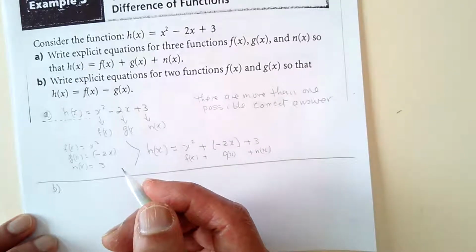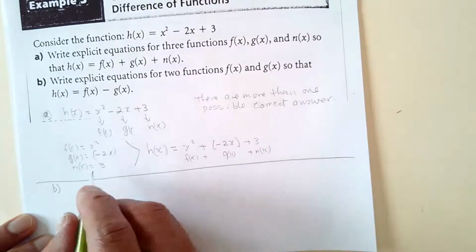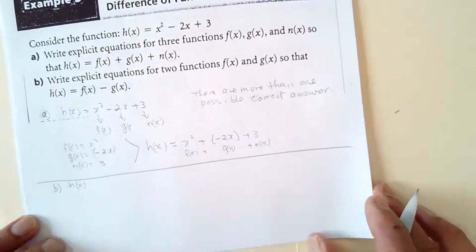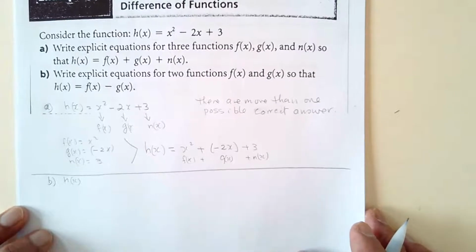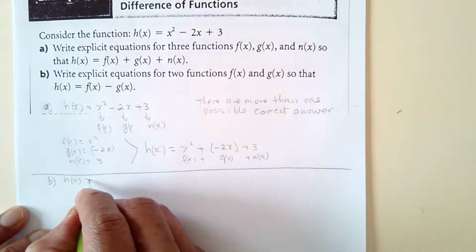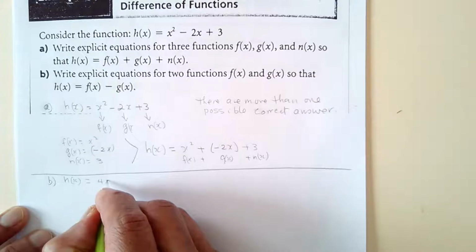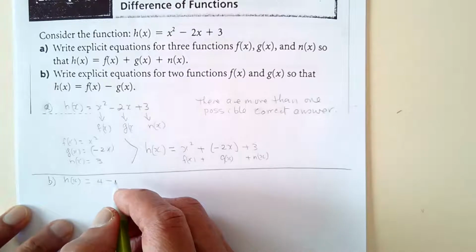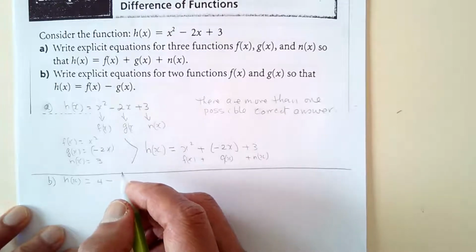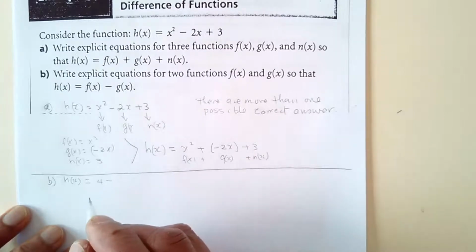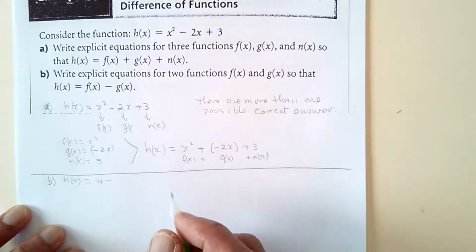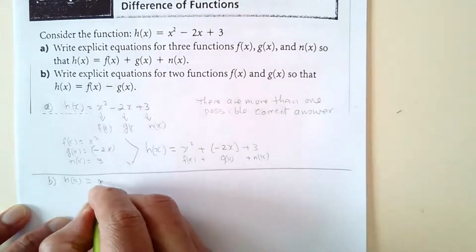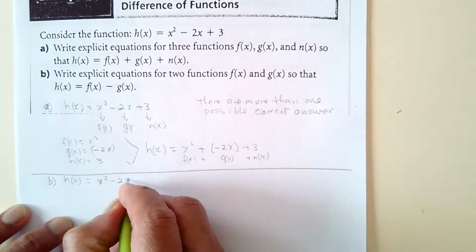So here we have f of x times minus g of x. So we have h of x is equal to 4, h of x is x squared minus 2x plus 3.